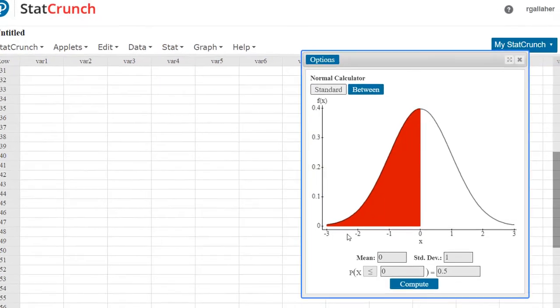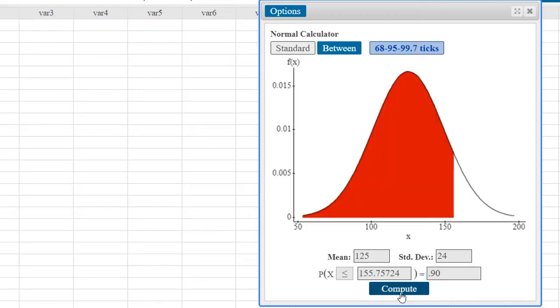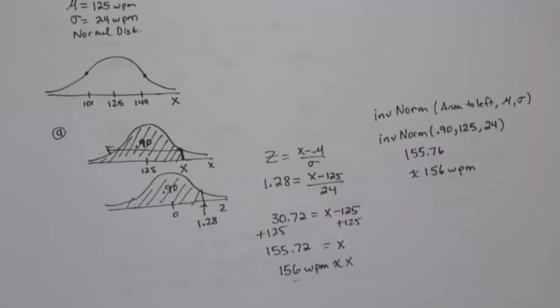If I'm looking for the 90th percentile, first of all, I know the mean is 125 and I know the standard deviation is 24, and I have the left area of 0.90, so I have it as less than, and I'm going to enter 0.90 in this box and say compute, and that gives me the value here, which is 155.76 rounded to two places, or 156 words per minute, as we got both with the calculator and by hand.